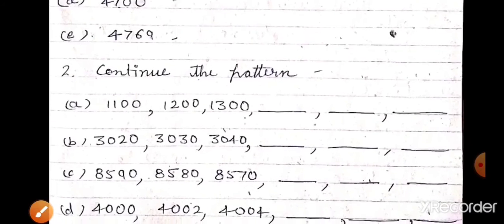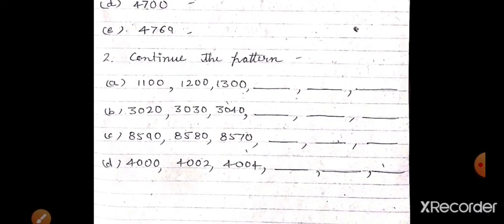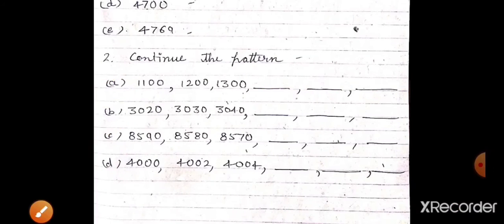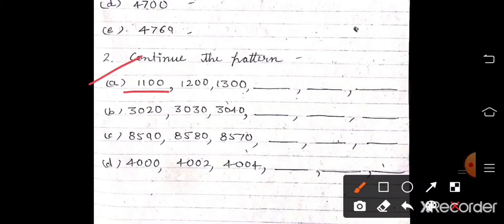Now the second question is, continue the pattern. Some patterns are given here. You have to follow the pattern and fill these blanks. A, B, C, D, 4 parts are here. A part: 1100, 1200, 1300.